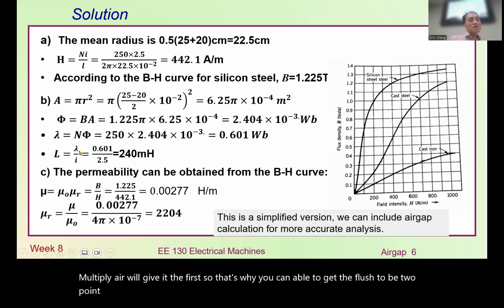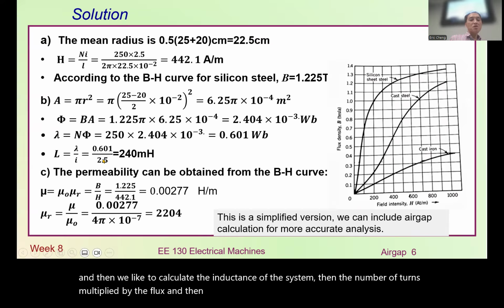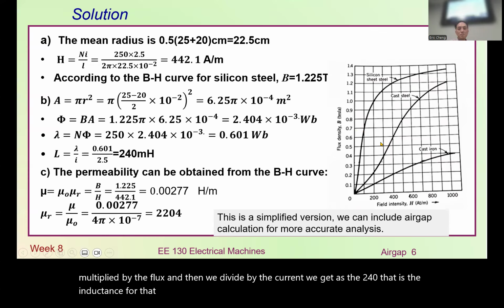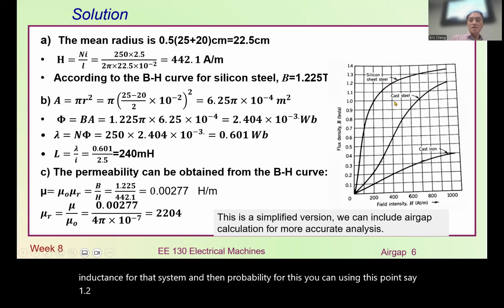Then we like to calculate the inductance of the system. The number of turns multiplied by the flux, divided by the current, gives us 240. That is the inductance for that system. For the permeability, we use this point, 1.22, divided by the H of 400 something.